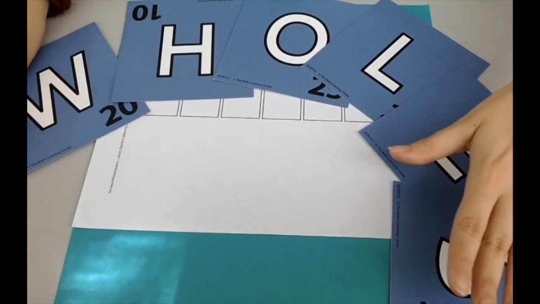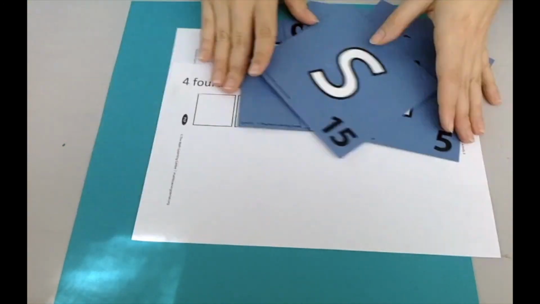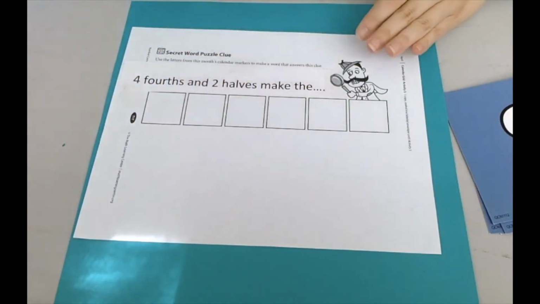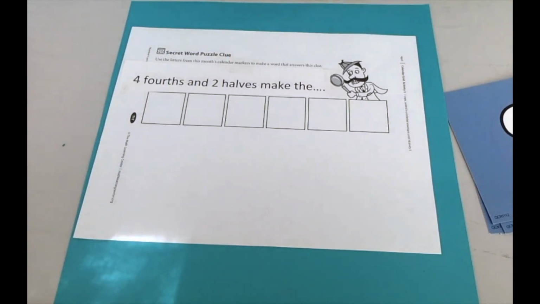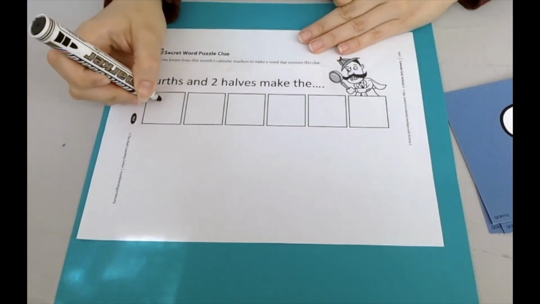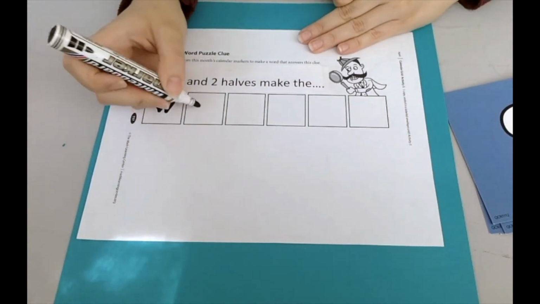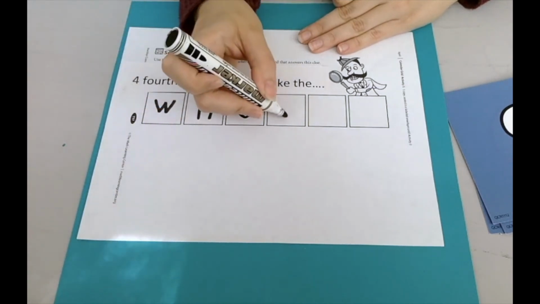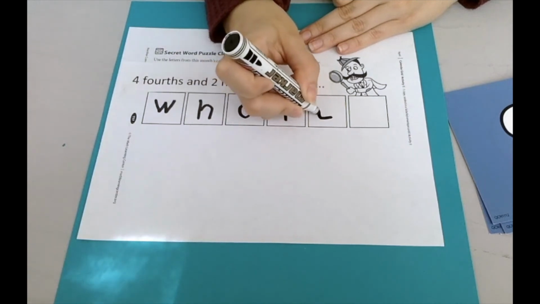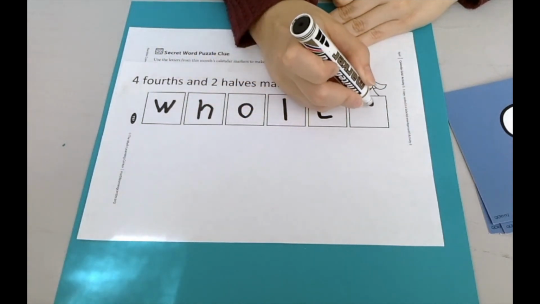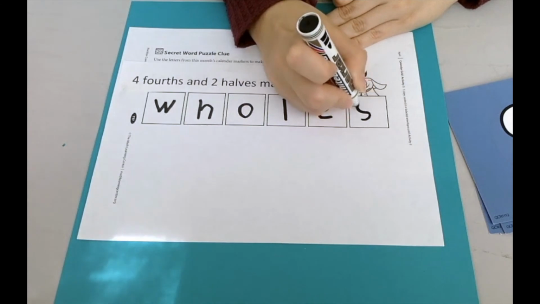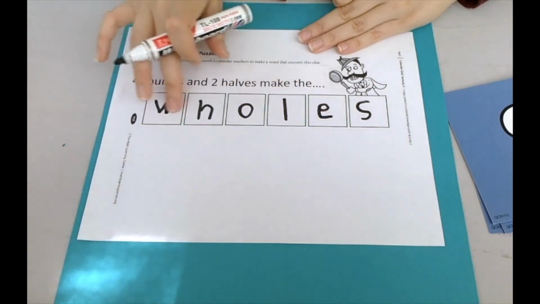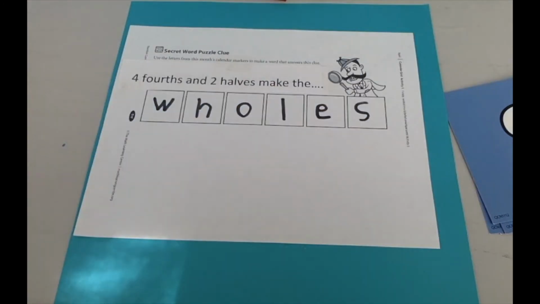So I'm going to take a pen and I'm going to write in the answer. 4/4 and 2/2 makes the wholes. W, H, O, L, E, S. 4/4 and 2/2 makes the wholes. And that's the answer to our riddle.